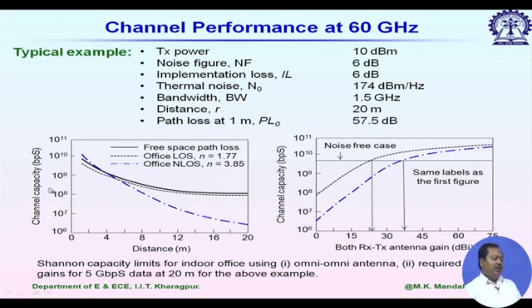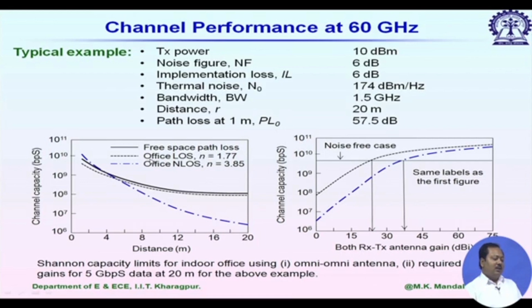Now, here is the plot of channel capacity in bit per second versus distance. For these specifications we will consider r as a variable, changing it from, let us say, 1 meter to 20 meter, and we are considering different scenarios for the indoor model.